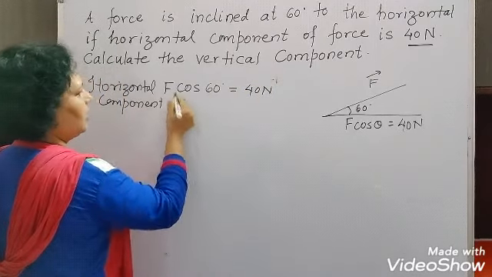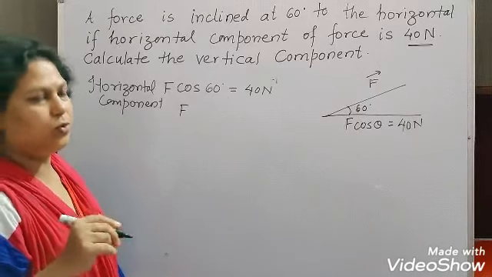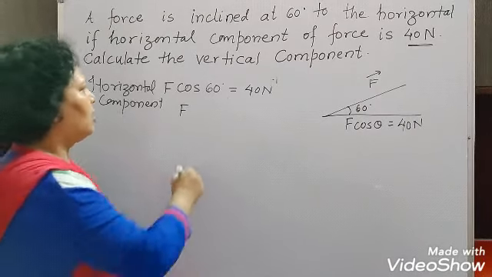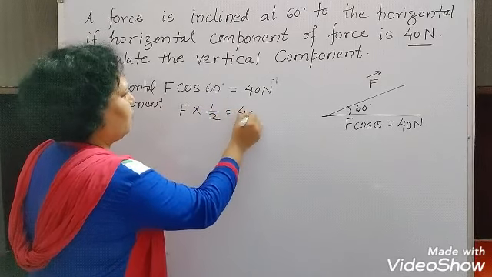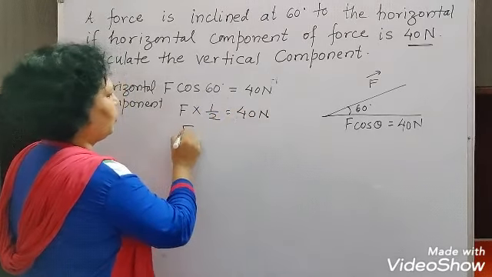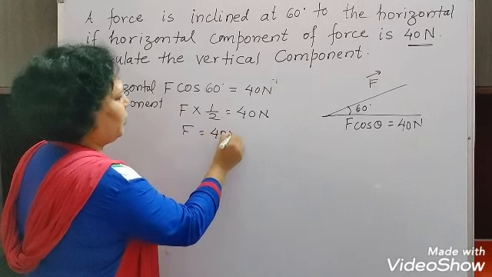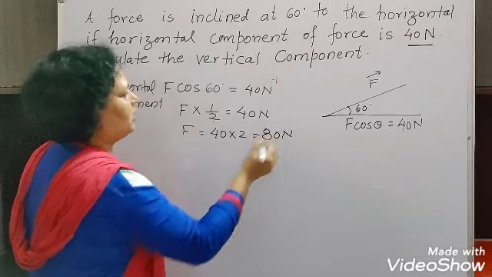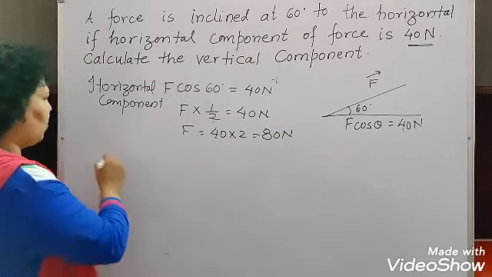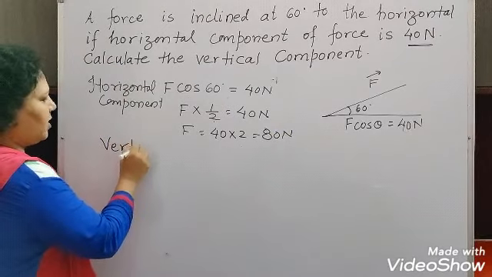Now we calculate the magnitude of the force. Cos 60 is equal to 1 upon 2, so F times 1 upon 2 is 40 Newton, so the force is 40 into 2, that is 80 Newton. Now we calculate the vertical component.